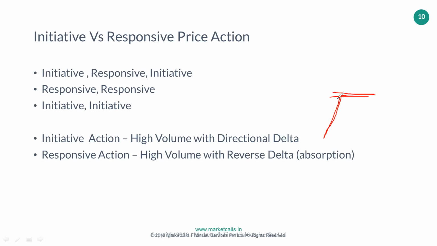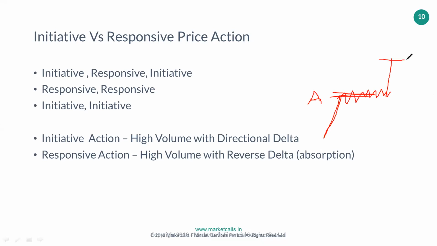Once they find the liquidity, they become responsive buyers. So they'll start eating all those liquidity zones where a lot of limit order sellers are there. They go and hit those levels and start accumulating at those price levels. So a lot of accumulation happens in this zone. When this accumulation is happening, you'll find a lot of responsive activity in your order flow charts, followed by that, again they will do one more initiative auction to find the next level of liquidity.